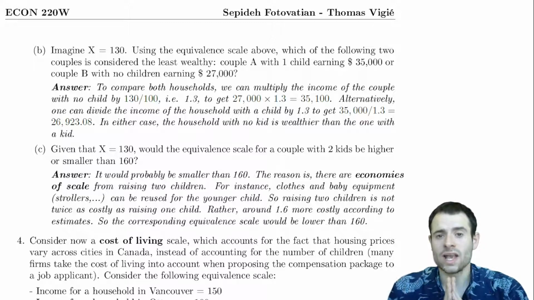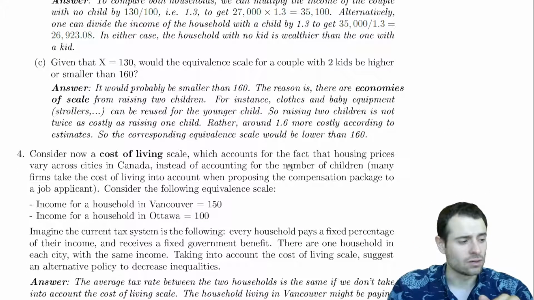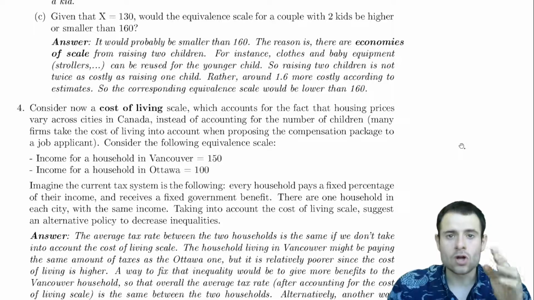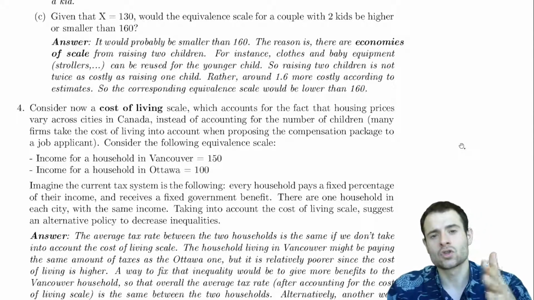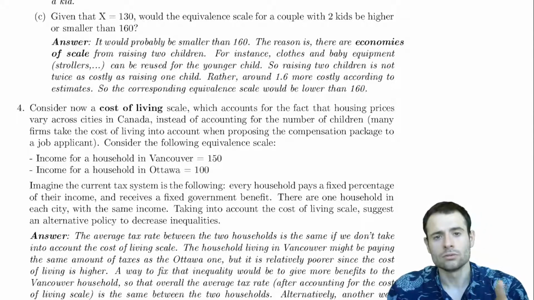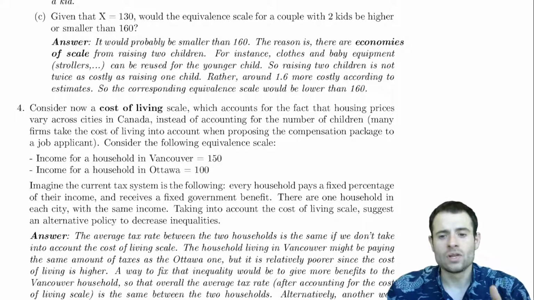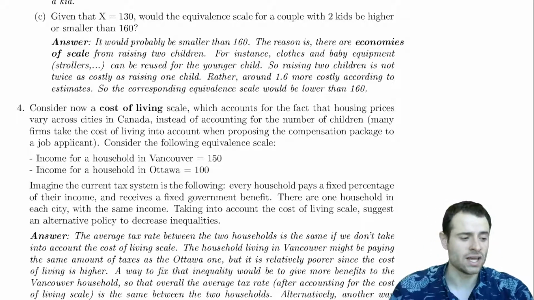Now, this equivalent scale here is used to compare households that differ in their composition, their characteristics. We could easily make another equivalent scale called a cost of living scale. That would not account for the fact that households differ in the number of children, but it would account for the fact that housing prices vary across cities in Canada.